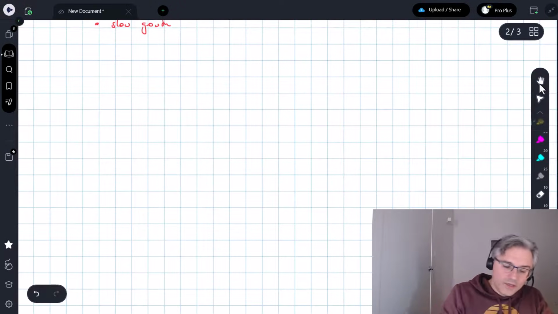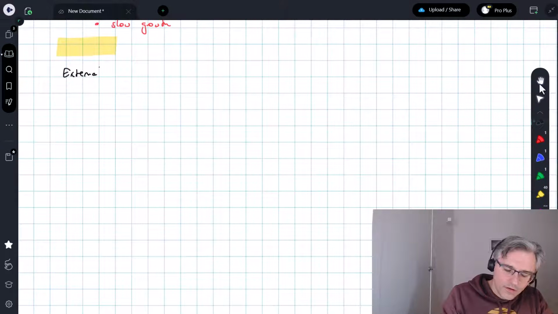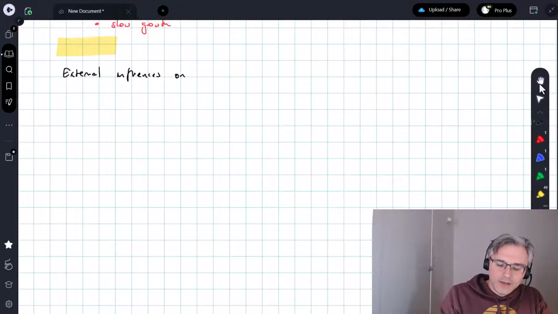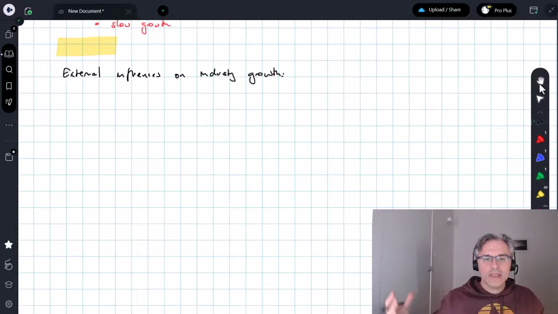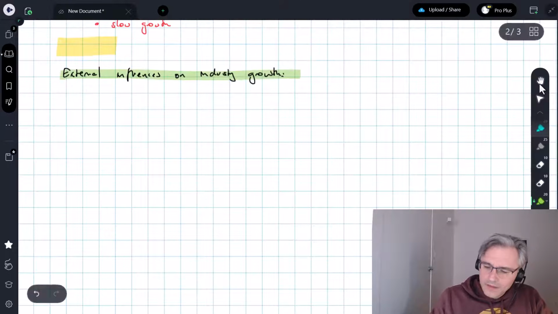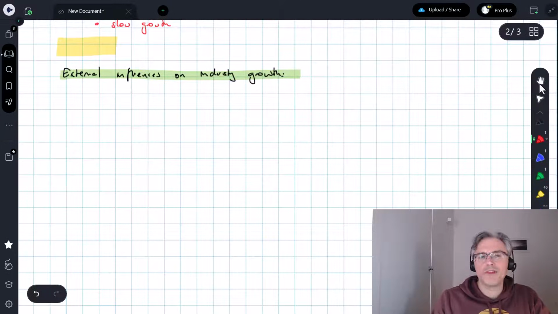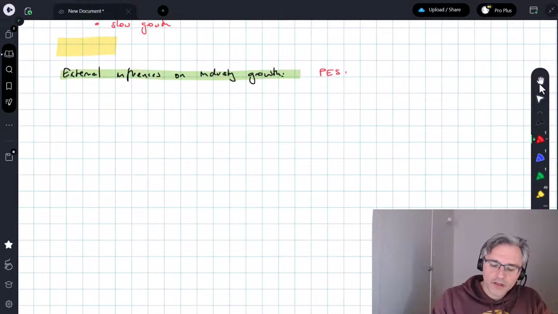These are, as your book puts it, external influences on industry growth, not necessarily the competition within the industry, but just industry growth as such. This is obviously just one way of looking at it, but the one that's discussed in the book, in the form of a framework known as PESTLE analysis.